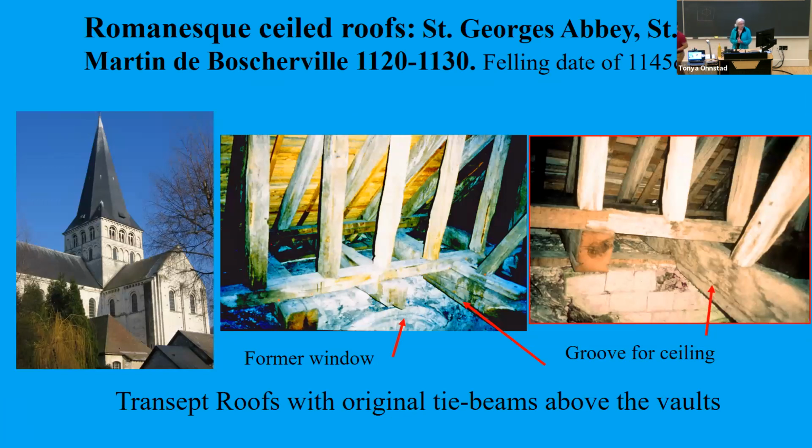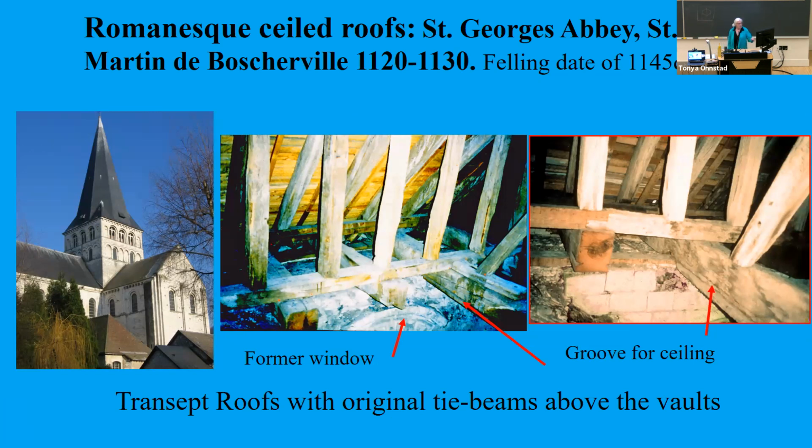Another example of roofs that served both an aesthetic and an engineering function is the roofs above the vaults at the lovely little Romanesque church at Boscherville in Normandy, if anybody's been there.